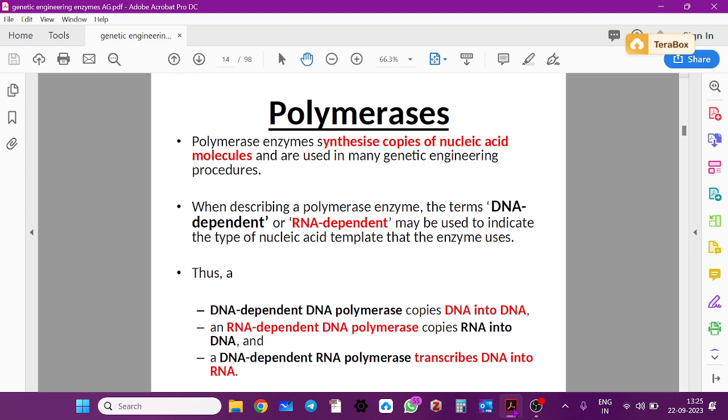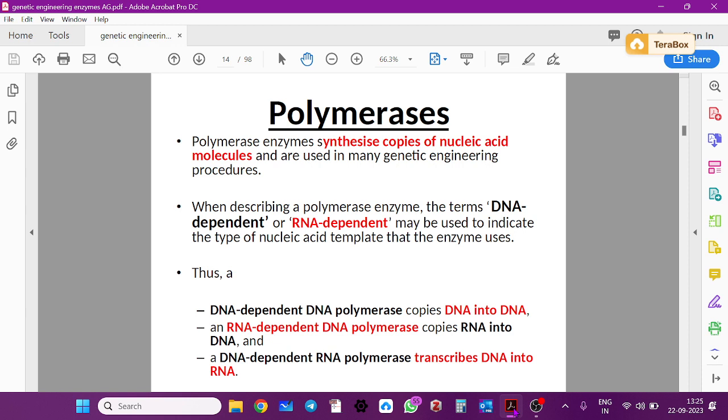So one type of DNA dependent polymerase is DNA dependent DNA polymerase. We commonly call it DNA polymerase, which we study in DNA replication. This is the DNA dependent DNA polymerase.